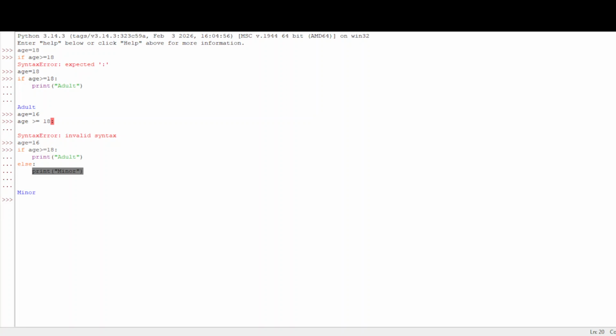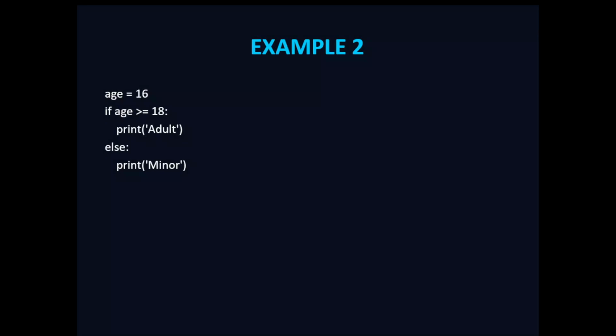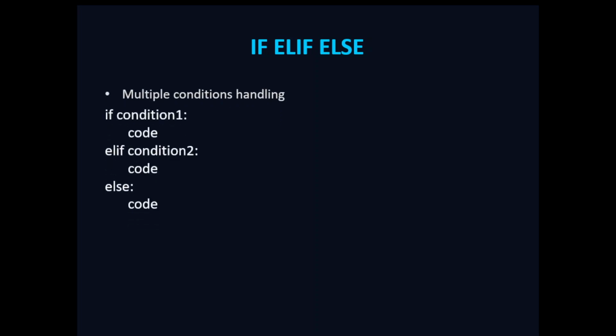So now let's move to the next part, that is your if, elif and else. I told you if you have multiple conditions to be checked, for nested conditions you can use elif. Now let's check how it looks.